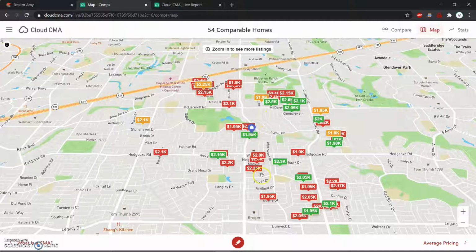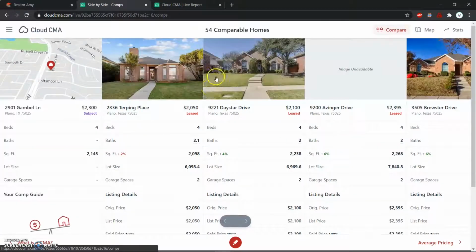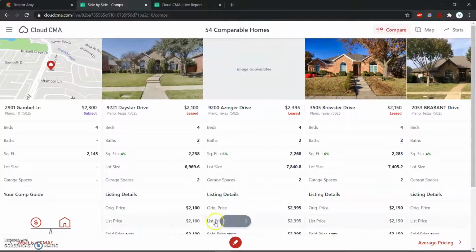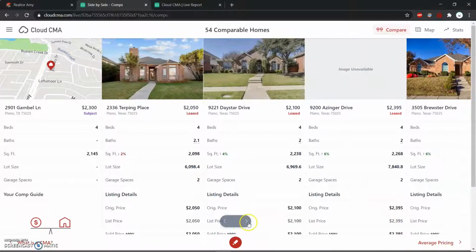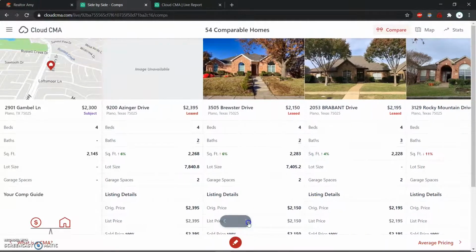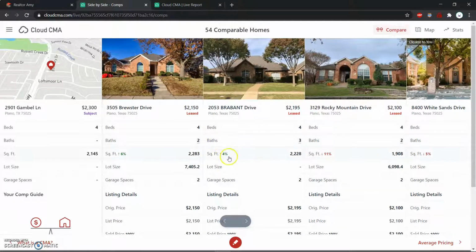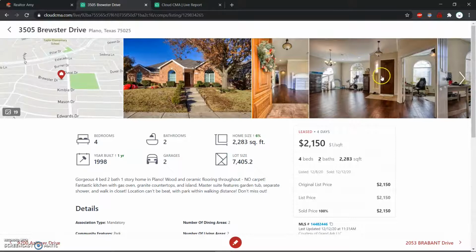You can click the compare button, where this is the reference house and these are all the comparable houses. You can click the button to browse different houses, and if you find a house that is similar to yours, you can click the image to see the details of the house.